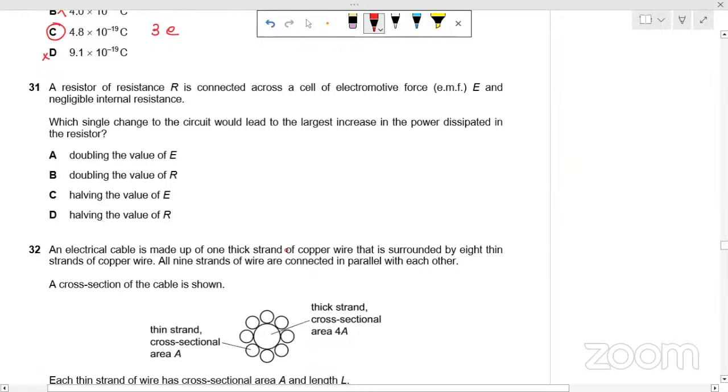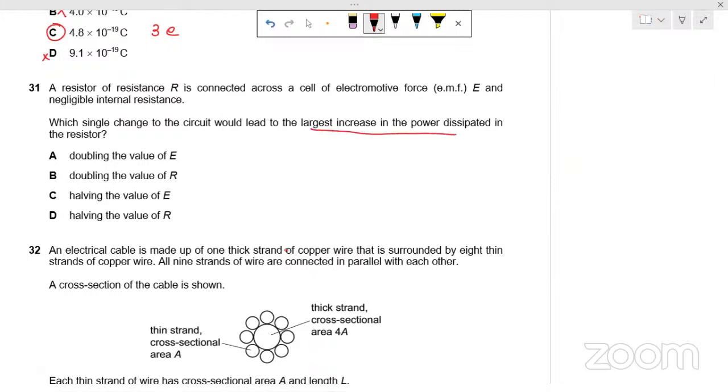Resistor R is connected across a cell of EMF E and negligible resistance. Which single change to the circuit would lead to the largest increase in the power dissipated in the resistor? So power is EMF square divided by R. We want to increase this power.